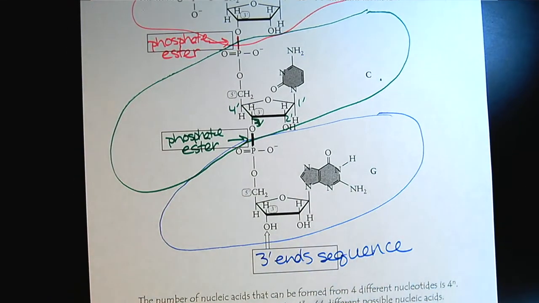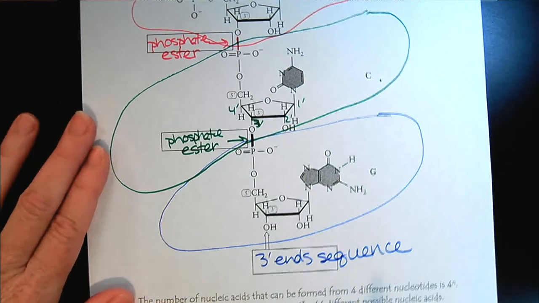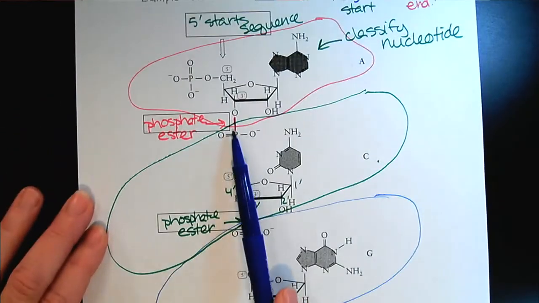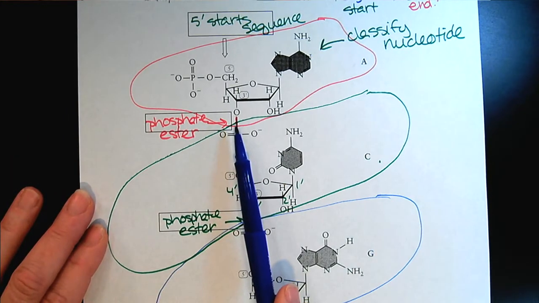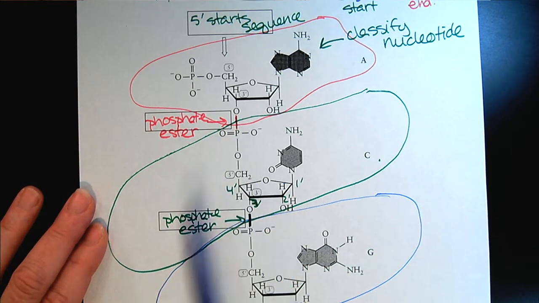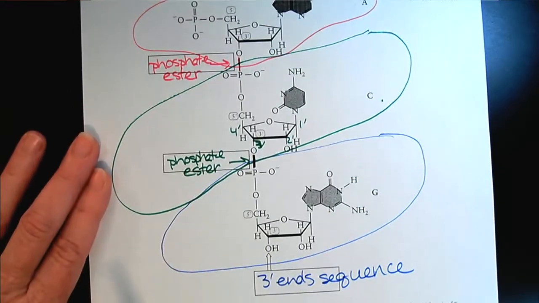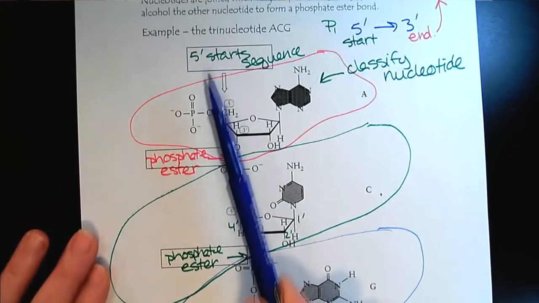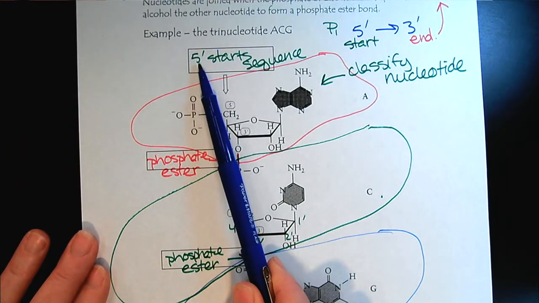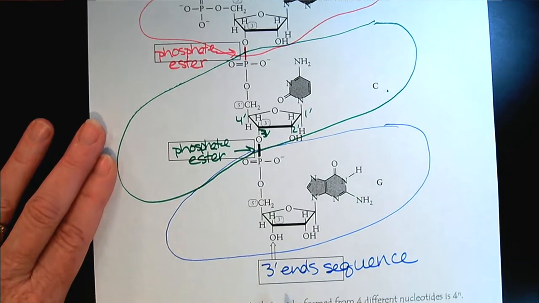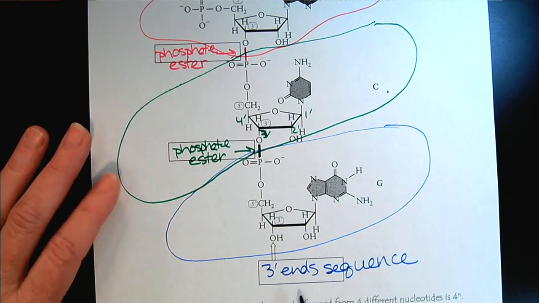So you want to be able to circle the individual nucleotides, recognizing the role of the phosphate ester linkage to join the two nucleotides together, and recognize that we always start at the top with the 5' of the sequence, and we read down and we end with the 3' that ends the sequence.